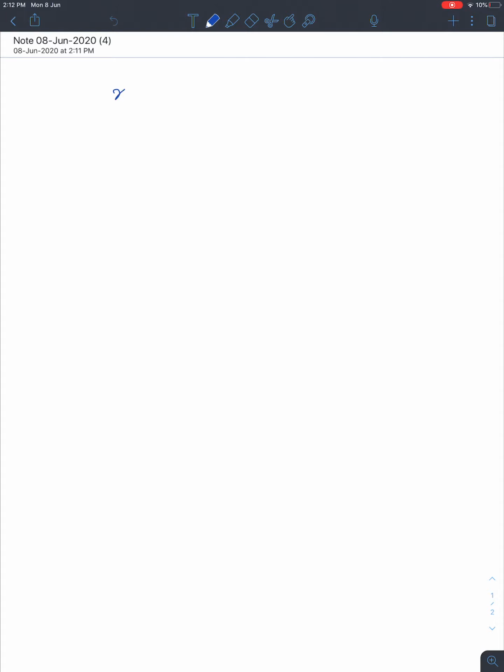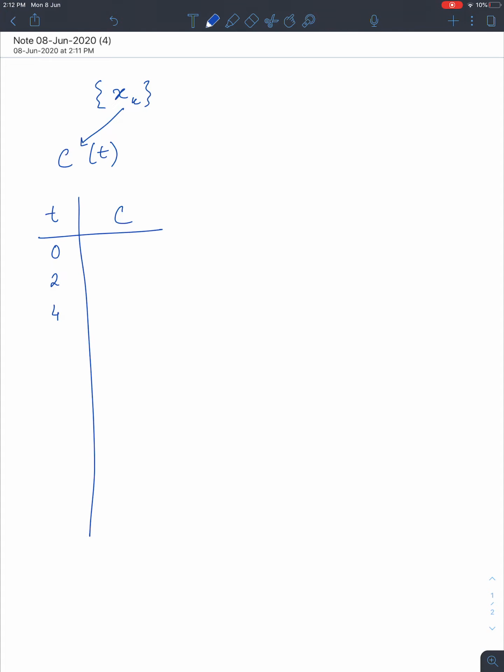So it is said that if I have a set of variables xk, let's say the concentration, and the concentration is a function of time. So x denotes the concentration as a function of time. In our concentration versus time profile, I have at time 0, 2, 4, 6 these points.